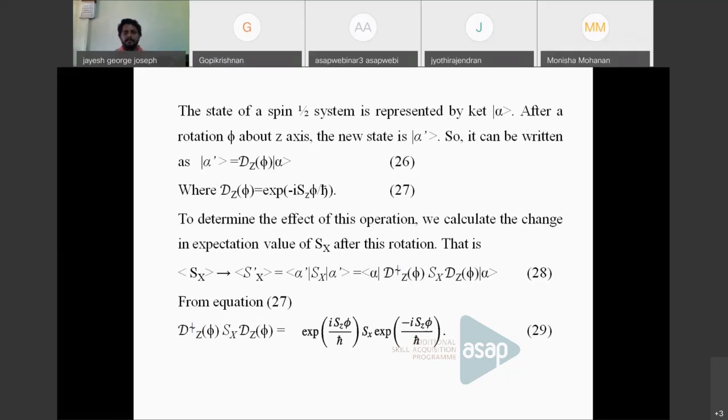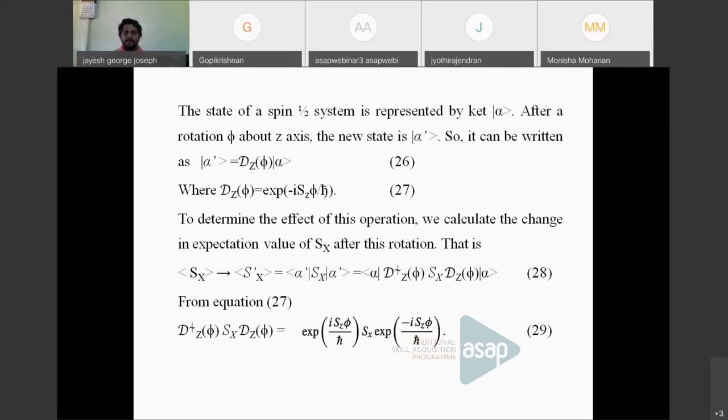To determine the effect of this operation, we calculate the change in expectation value of Sx. After the rotation, Sx tends to Sx prime. That is, we have to determine the expectation value of Sx after the rotation. That way we can write alpha prime Sx alpha prime, which is equal to alpha D dagger(phi) Sx D(phi) alpha.